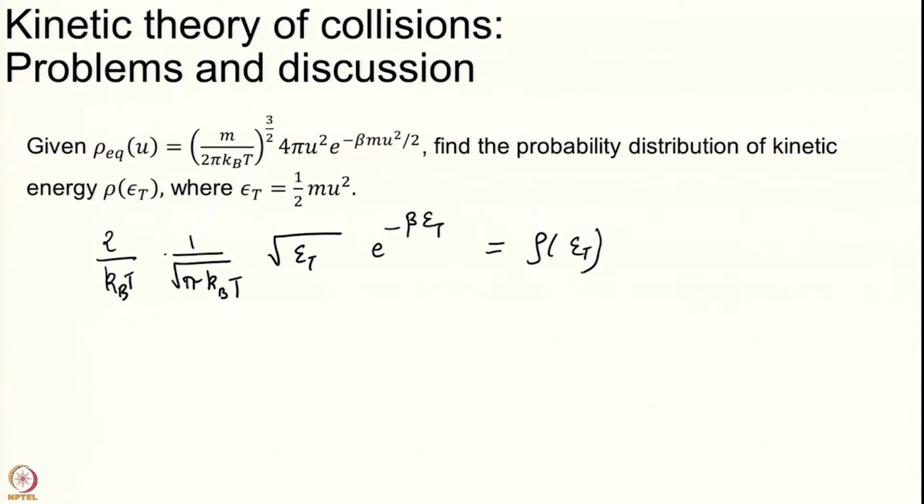Okay. So, you can go back one slide, make sure that this equation is correct. I have cancelled all the factors correctly. So, this is about transformation of variables, very important concept.